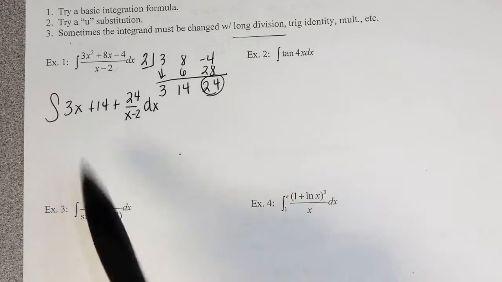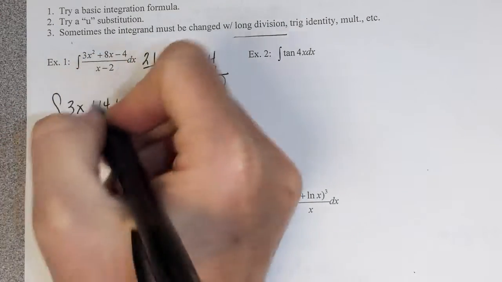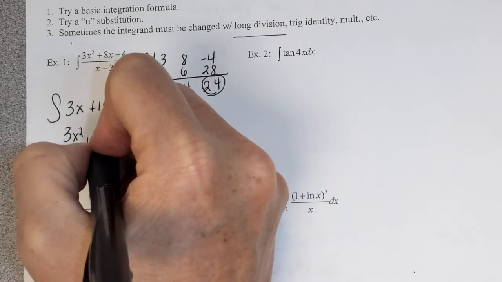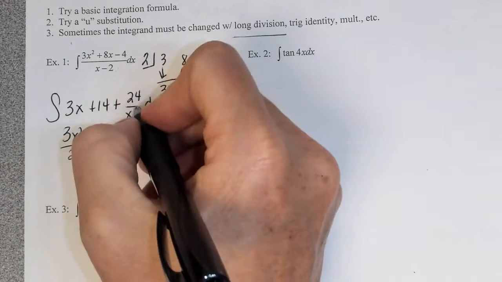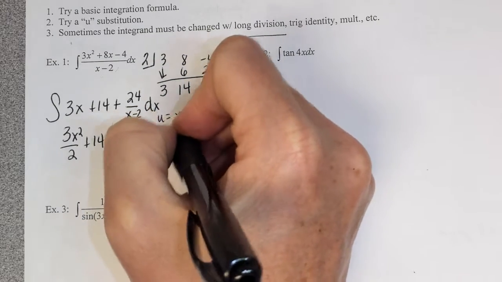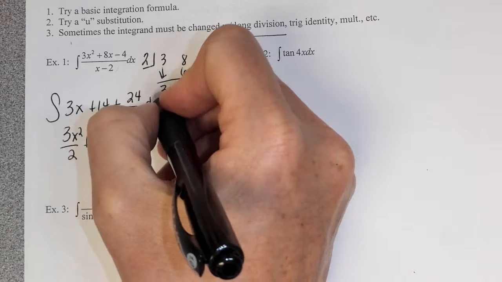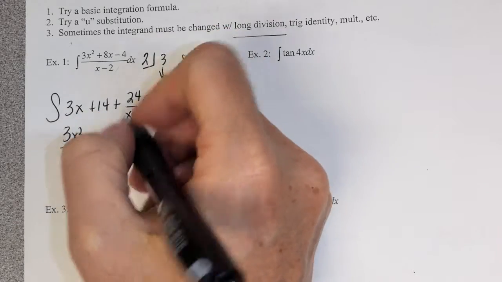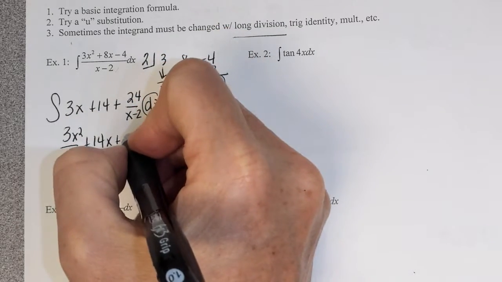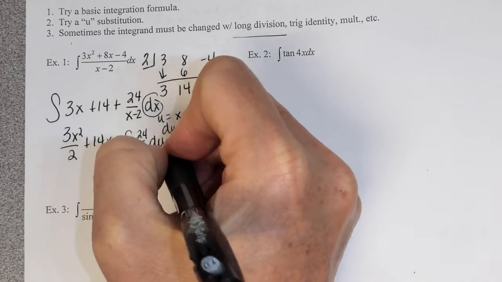So now the integral of 3x, we have to add 1 and divide. The integral of 14 is 14x. This integral, I have to do a u substitution. u is x minus 2. du then is dx. So right here, that's du. So I still have this, plus the integral of 24 over u du.